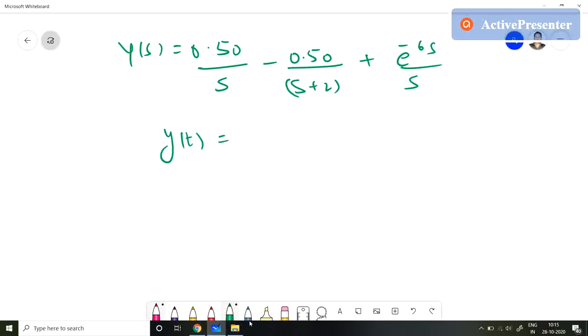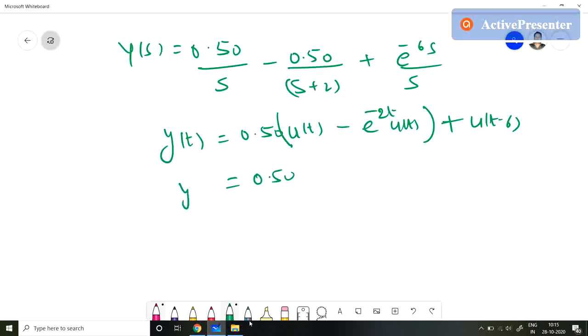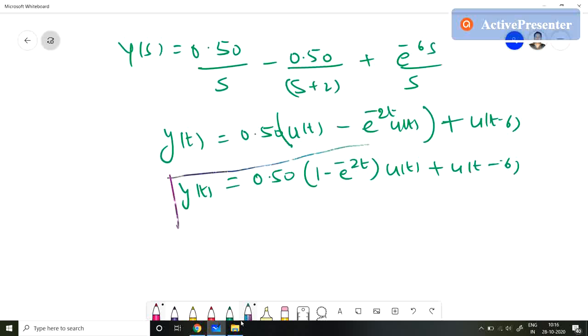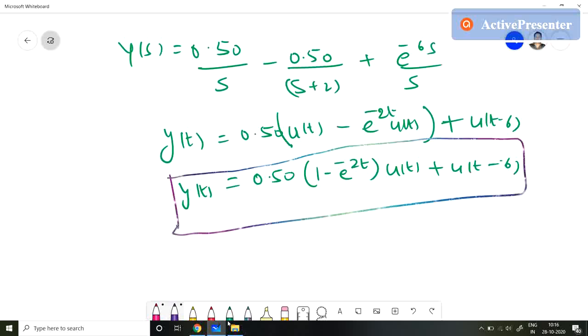So y(t) is equal to 0.5 u(t) minus, we can put 0.5 outside, e raised to the power minus 2t into u(t) plus u(t minus 6), and we can write it in simplified form as 0.5 times 1 minus e raised to the power minus 2t into u(t) plus u(t minus 6). So this is the output y(t).